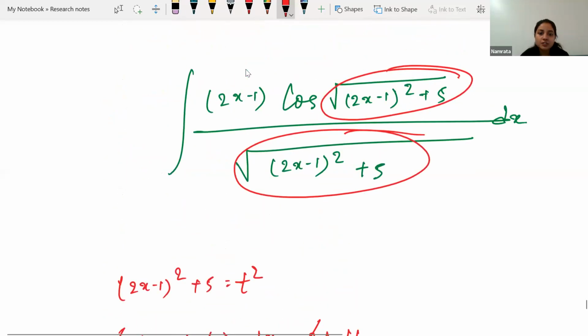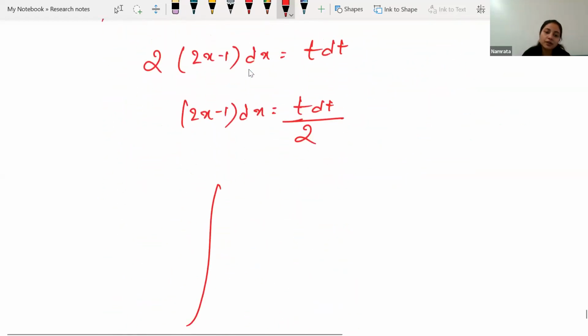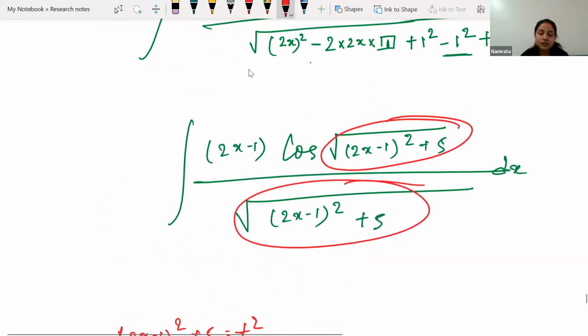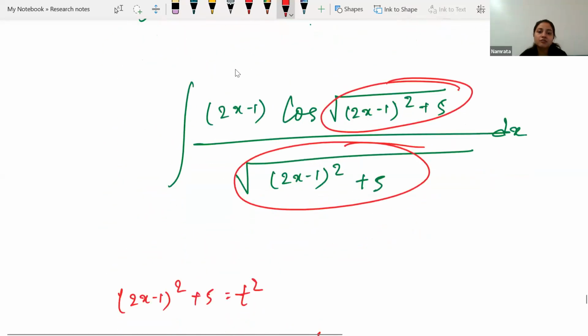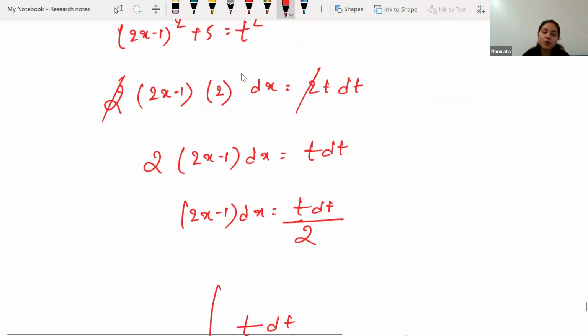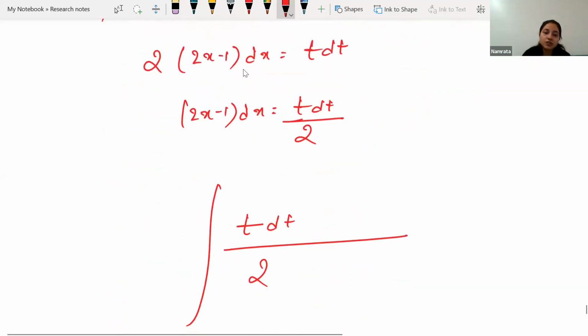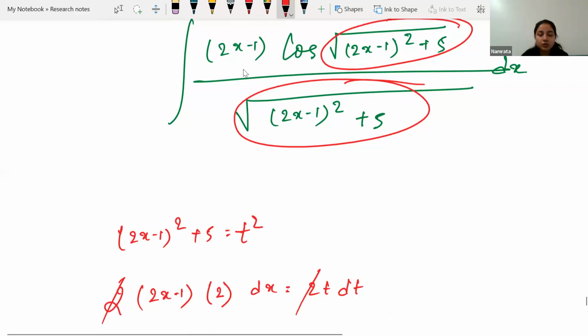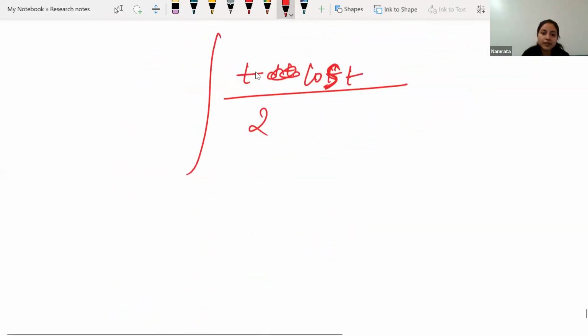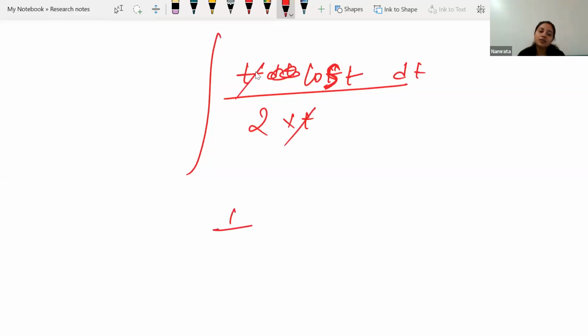Let's substitute it. So we got t dt over 2. This cos of under root something will become cos t, because the square root we have taken t square. So it will be cos t. And in the denominator, this under root, the bigger term, will become only t. t and t are cancelling each other, and we are having only cos t here.